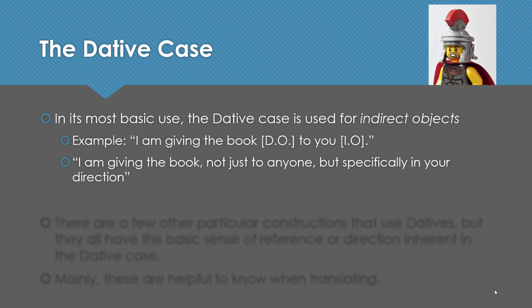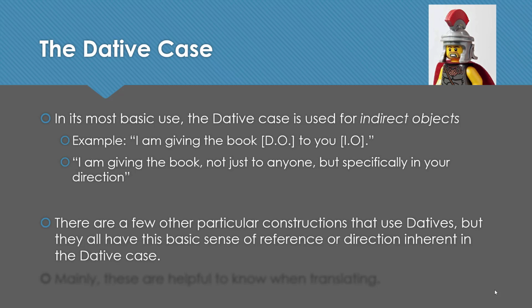And that's kind of a helpful way to look at it for the things that we're going to be talking about with these other uses, because they all kind of go back to this. The way that I'm going to phrase it is that there are a few other particular verb constructions that use datives, but they all have this basic sense of reference or direction towards someone or something that you see in the dative already, right?